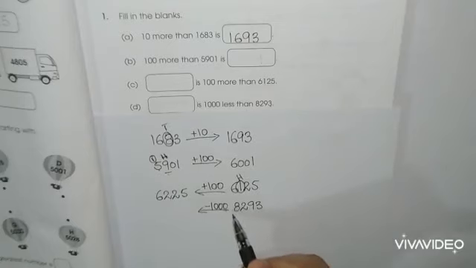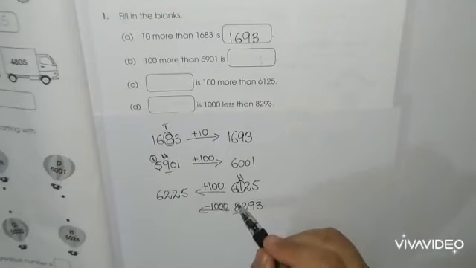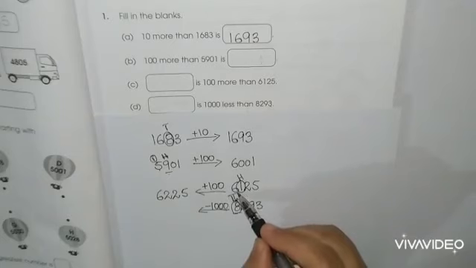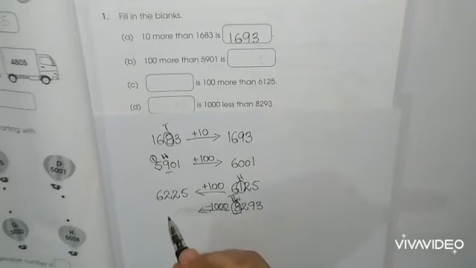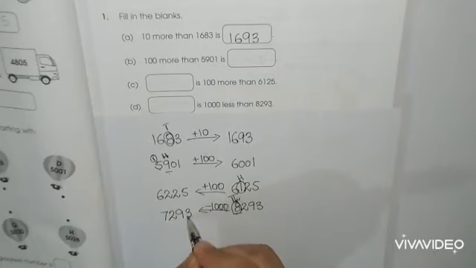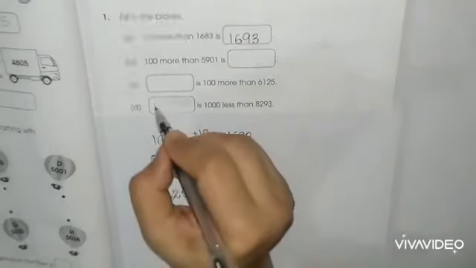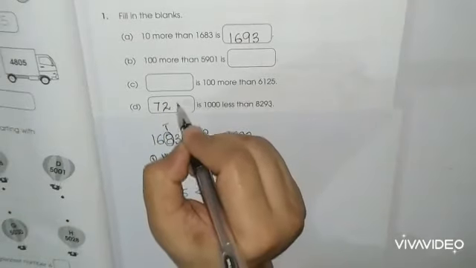When 1000 is subtracted from this number, it means that we have to change the column of thousands. There is 8 in the column of thousands. When 1000 is subtracted from this, it will become 7000. Our final answer would be 7293.